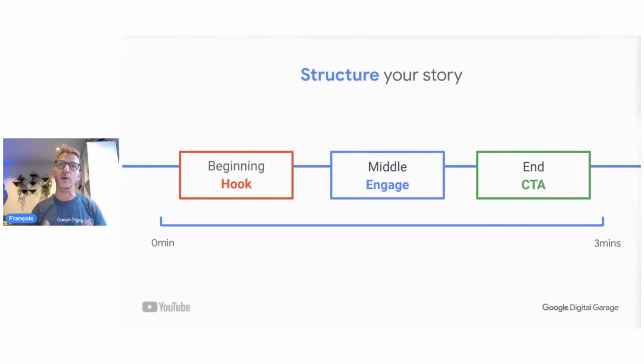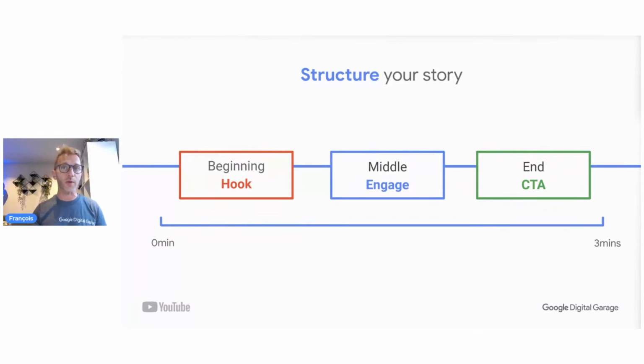So then we have the middle where we're going to keep them entertained and engaged. So the middle is obviously the bread of your content. And then finally, at the end, we have a CTA, which is the call to action. What do you want them to do by the end and at the closure of the video? Do you want them to, of course, subscribe?